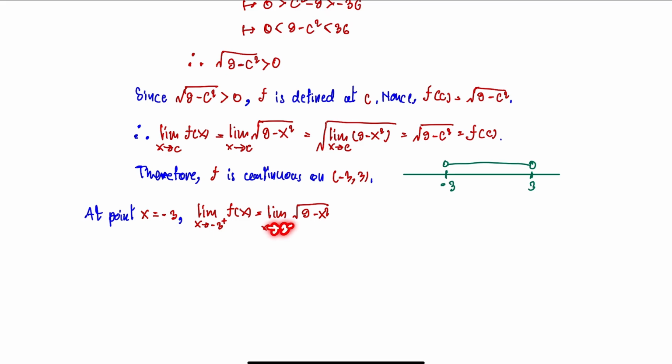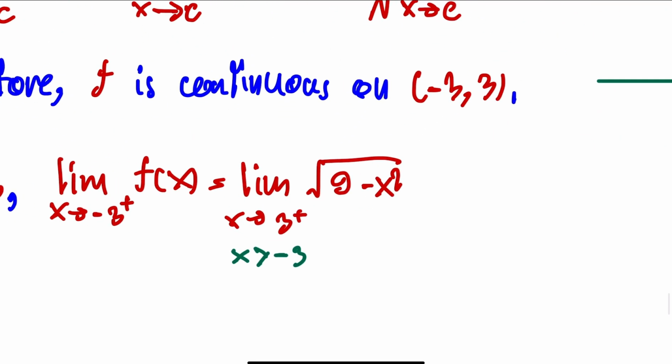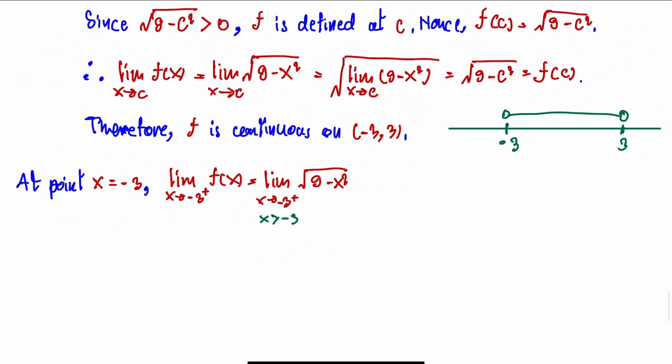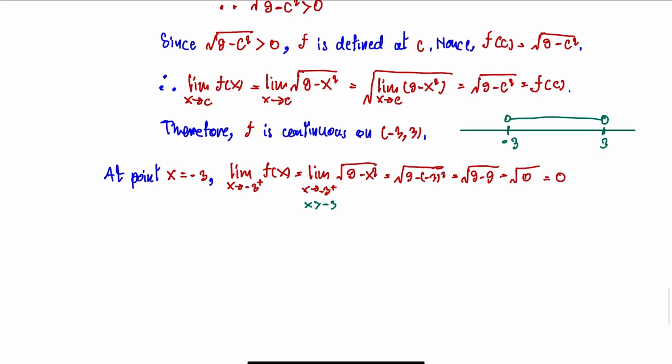When x approaches minus 3 plus, that means x approaches minus 3 and x is greater than minus 3. When x is greater than minus 3, that means 9 minus x squared is greater than 0. So we can have this term approach the square root of 9 minus 3 squared, equal to 9 minus 9, which is the square root of 0, which is 0.